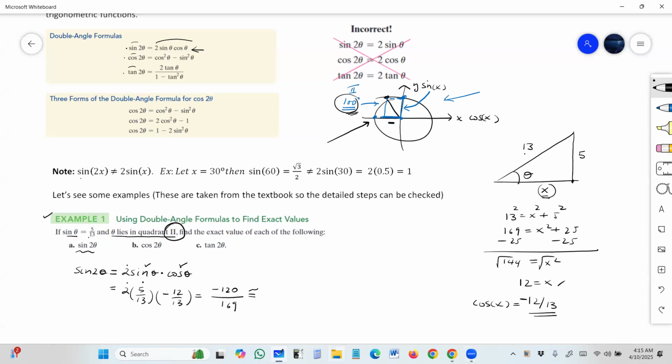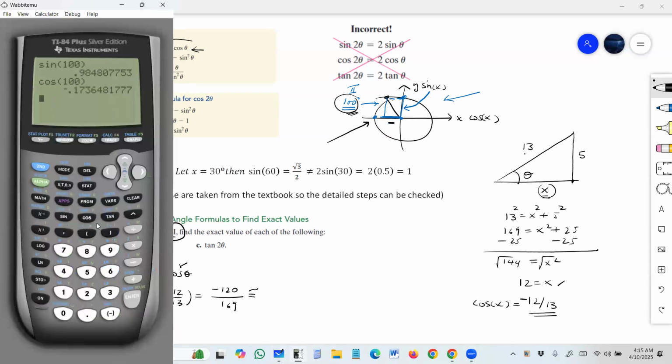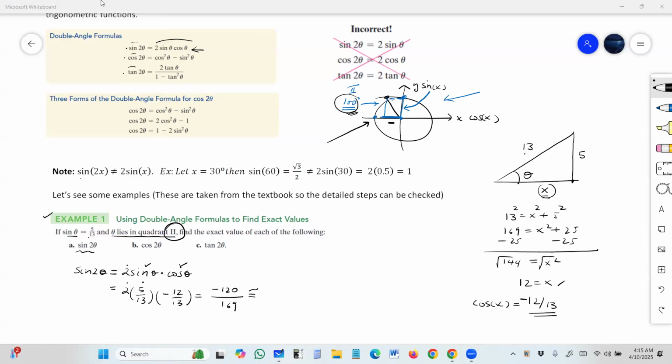I'm going to do that right now. So negative 120 over 169, and approximately 0.7100. So this will be minus 0.7100. All right, so this is sine of 2 theta.